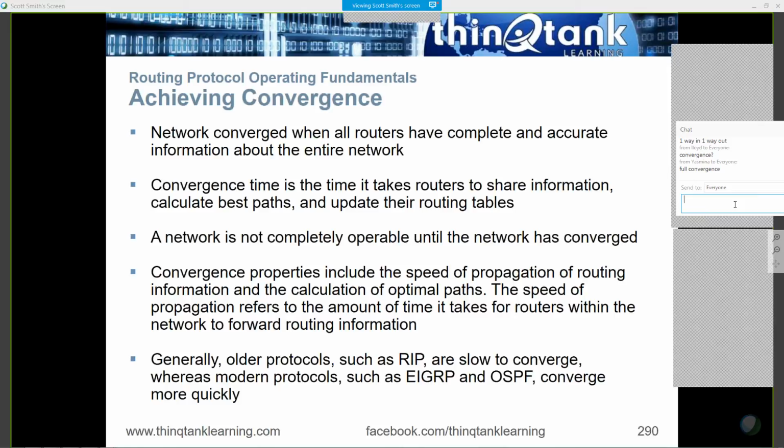BGP converges extremely slowly as well, but the reason BGP converges slowly is by design, because BGP is working with very, very large data structures. So the makers of BGP decided to make it so that BGP converges slowly. All right?